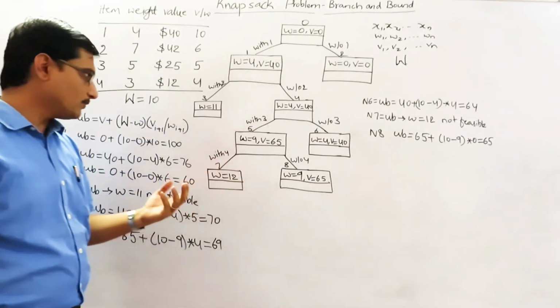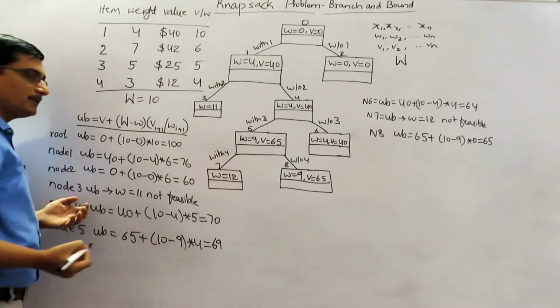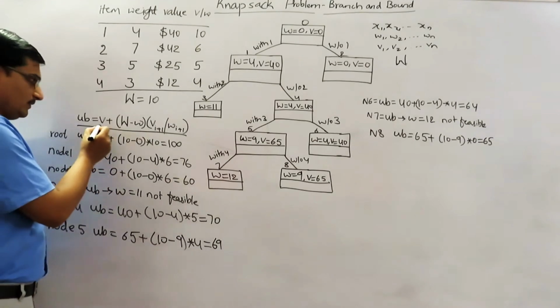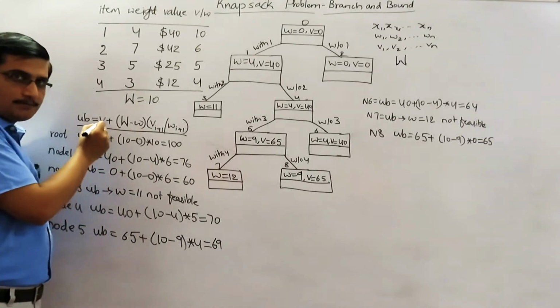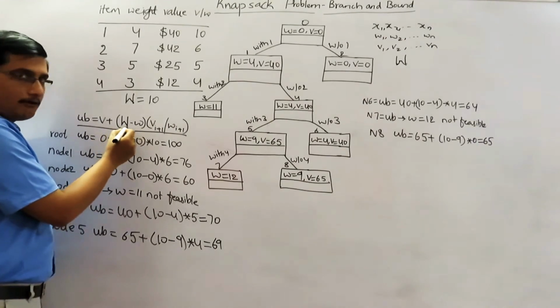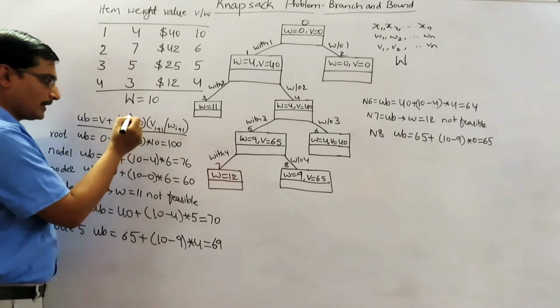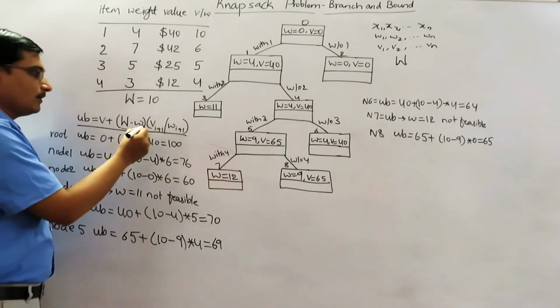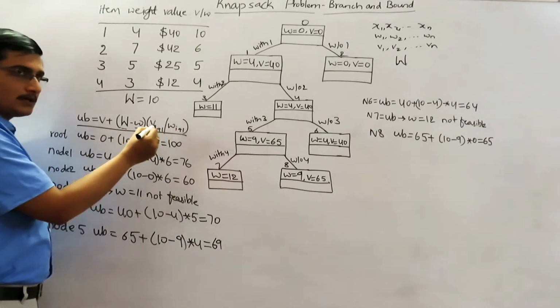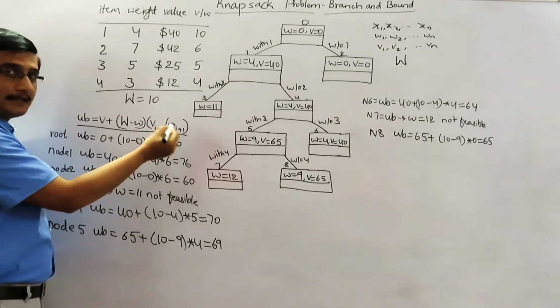So here the upper bound we can calculate with this formula. This formula says: v, which is the value of the object we are considering, plus the capacity of the knapsack W minus the weight of that item we are considering, into the value of the next item divided by the weight of the next item.